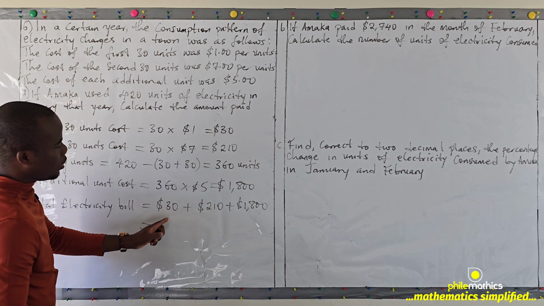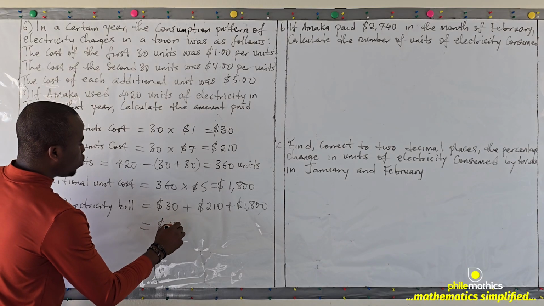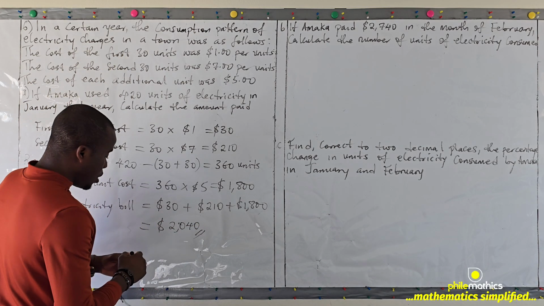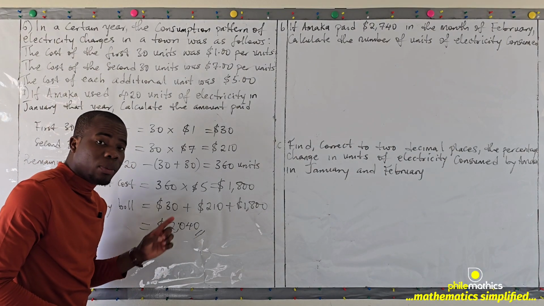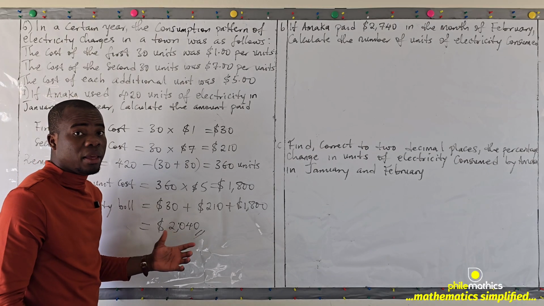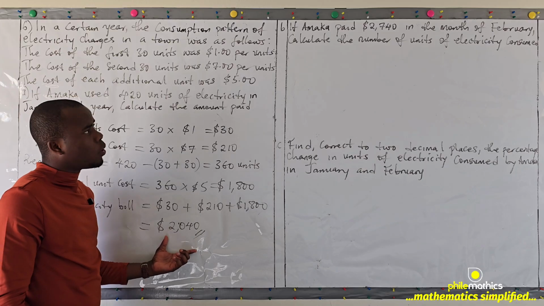And if we add, this is 240, and this will be $2,040. This is the only bill that Amaka spent in January. It shows Amaka could be living in a mansion for paying this exorbitant amount of money.